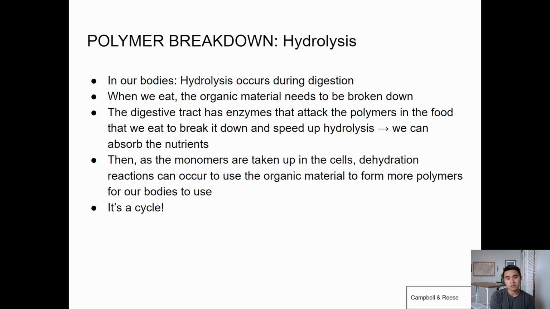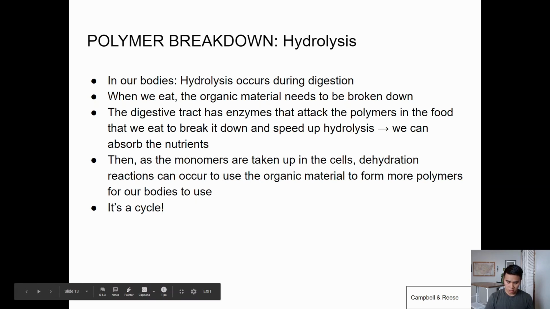And how those monomers get applied into our bodies is through dehydration reactions. So we're breaking down the organic material that we eat so that we can have the individual subunits which are carried throughout our body. And then when our body needs to make a polymer, it uses a dehydration reaction to form a polymer. So it's a cycle that occurs.